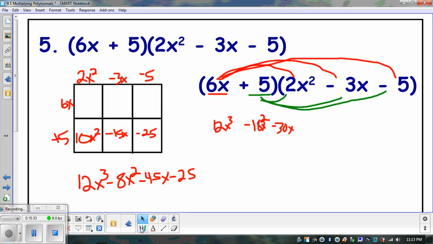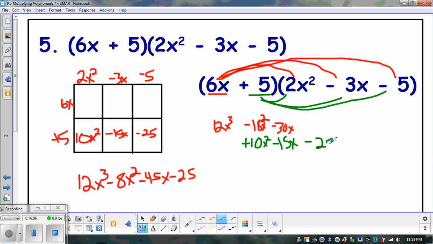Now what I'd like to show you, when I distribute this 5 and I get 10x squared, I am going to put that positive 10x squared right underneath its like term. I like to see the like terms right by each other, so I'm going to stack the like terms. 5 times negative 3x is negative 15x, so I'm going to place that underneath the other x to the first power. Now 5 times negative 5 is negative 25.